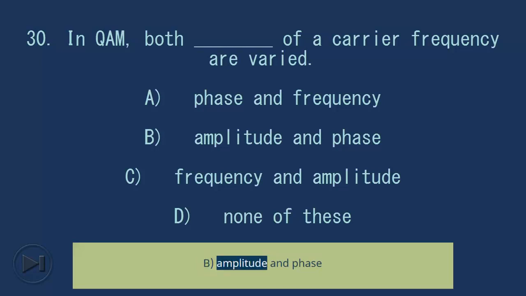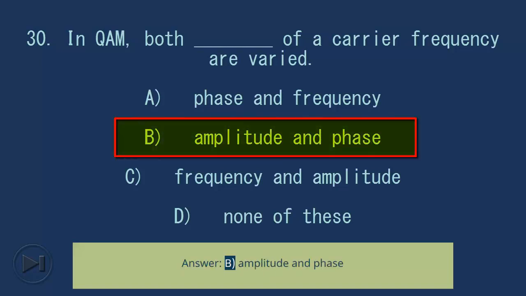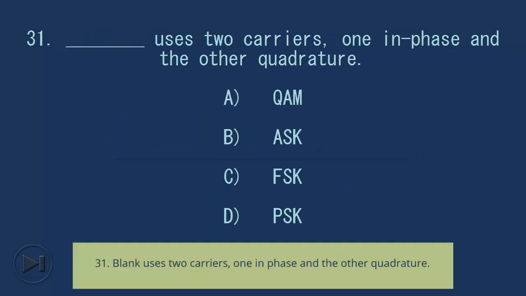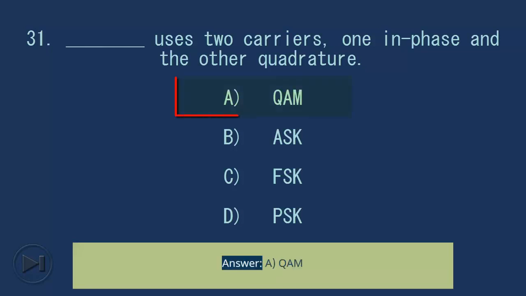B. Amplitude and phase. C. Frequency and amplitude. D. None of these. Answer, B. Amplitude and phase. 31. Blank uses two carriers, one in phase and the other quadrature. A. QAM. B. BASK. C. FSK. D. PSK. Answer, A. QAM.